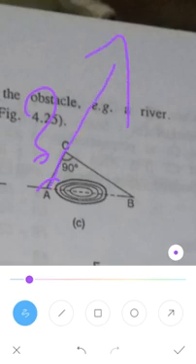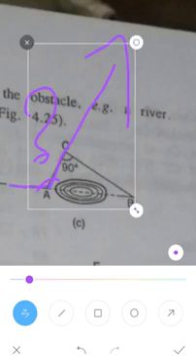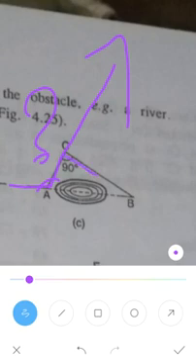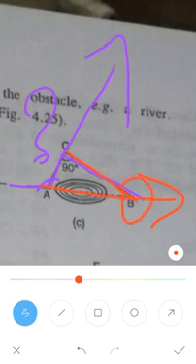After drawing that, at some point you draw exactly 90 degrees, another 90 degrees. After drawing the other 90 degrees, you extend the line A to B. So line BC and AB will join at some point.